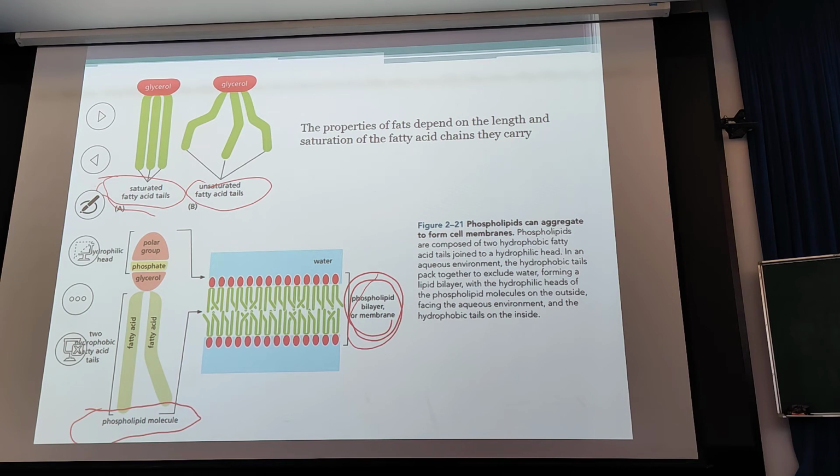The saturated fatty acids only have single bonds, and the unsaturated have double bonds between the carbon atoms. Saturated has none, so that's why you can see the shape of the saturated and unsaturated is like this.